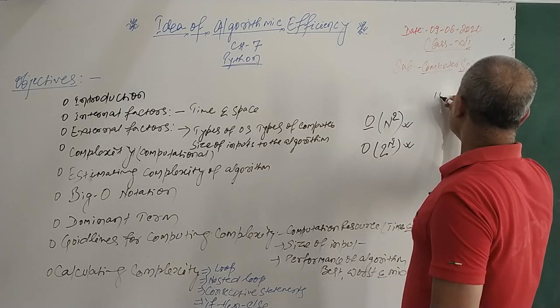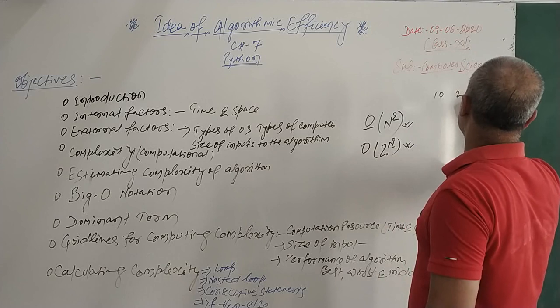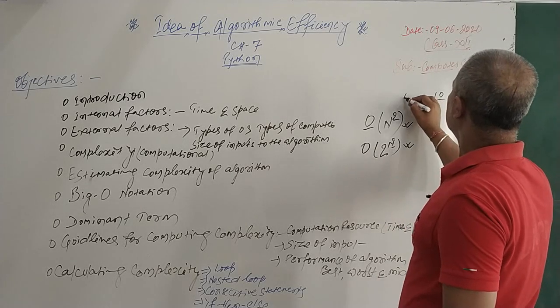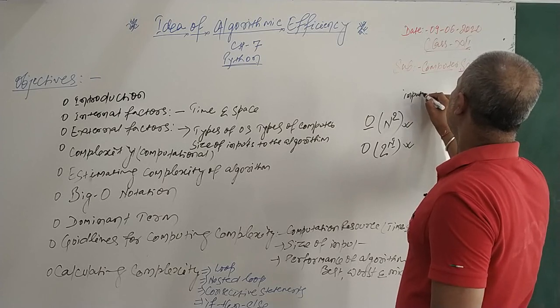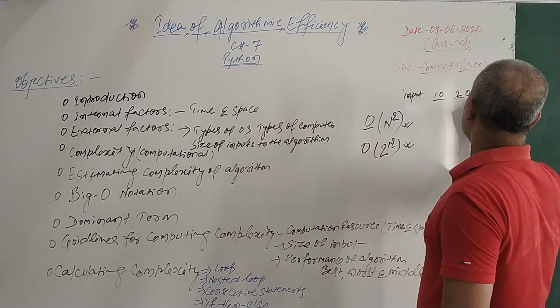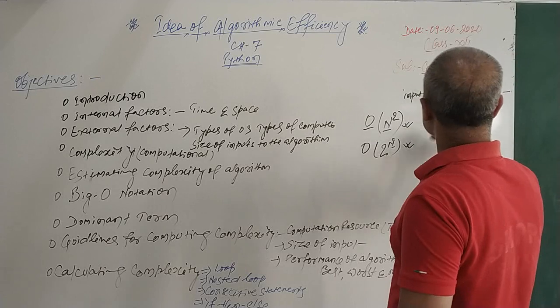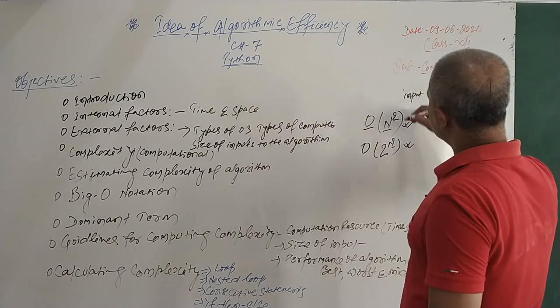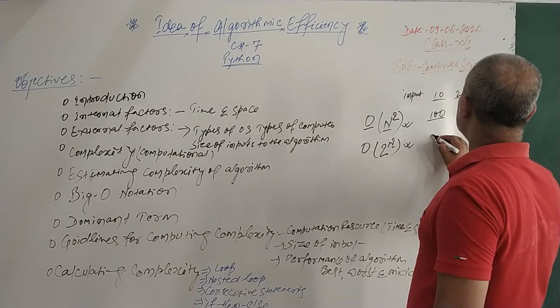Suppose the input sizes are 10, 20, 40, in the sense of number of lines: 10 lines, 20 lines, 40 lines. In the case of n square, it will be 100, because 10 square, and 2 to the power n means 2 to the power 10.